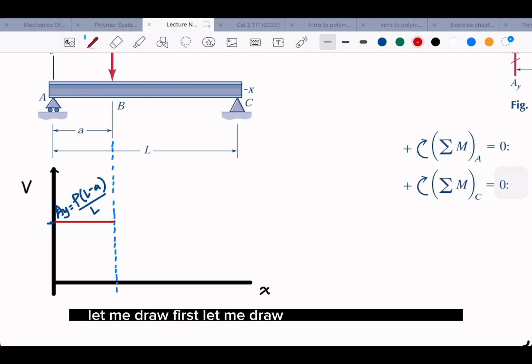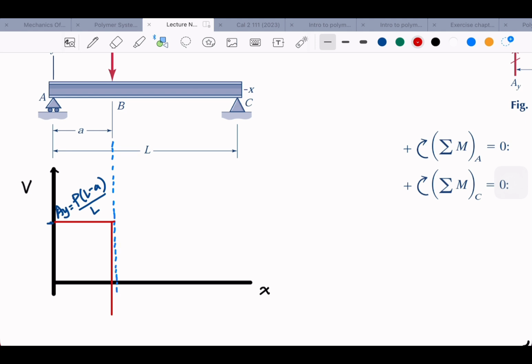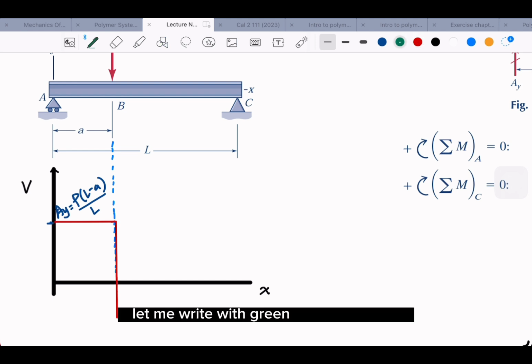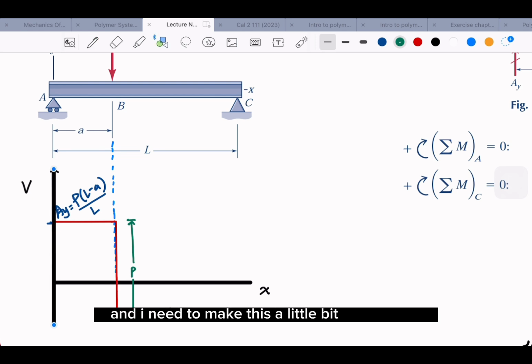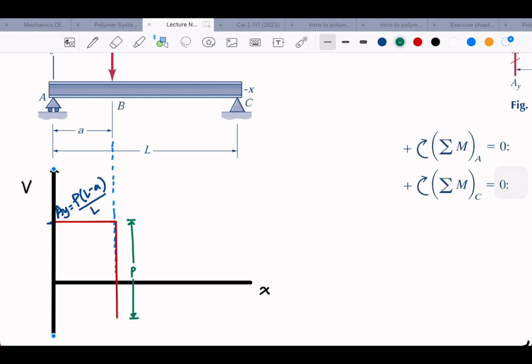Let me draw that this distance here needs to be P. Let me write with green. So this will be P. And I need to make this a little bit longer here.